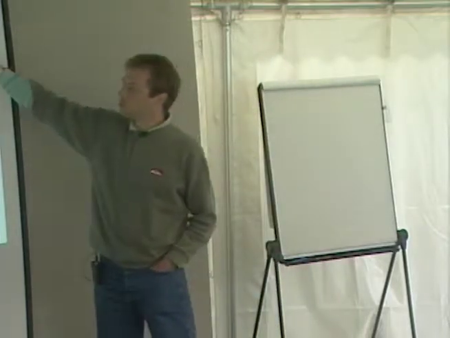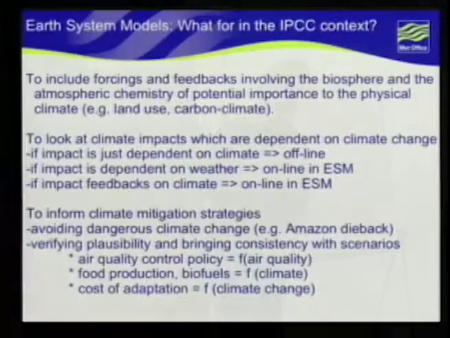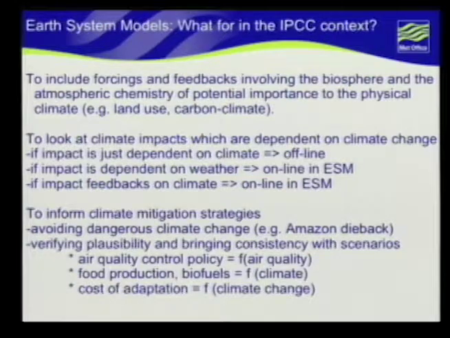The second reason is to look at climate impacts in a more holistic way, because some of these impacts are dependent on climate change, of course. If the impact is just dependent on climate, then you can probably argue you can look at it offline, so you don't need to couple the model.